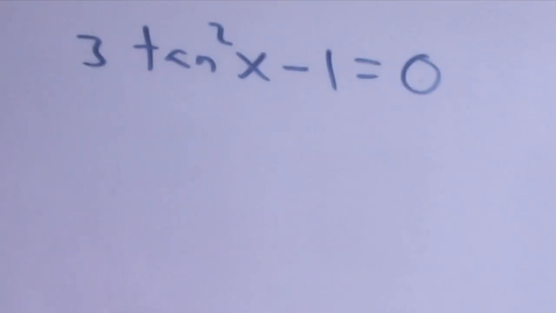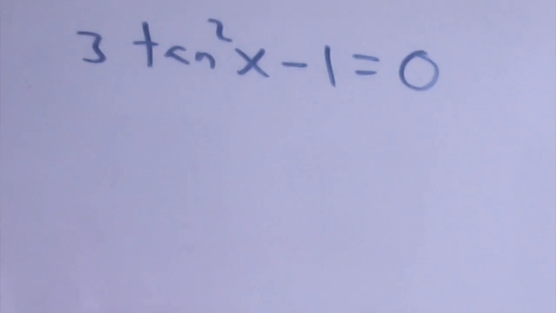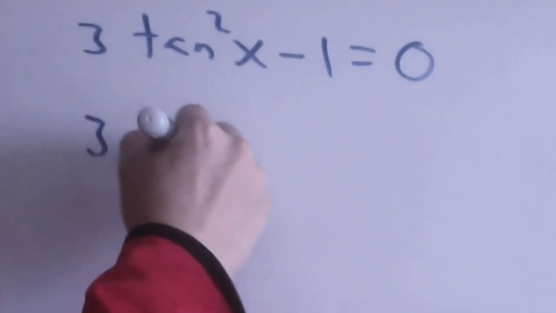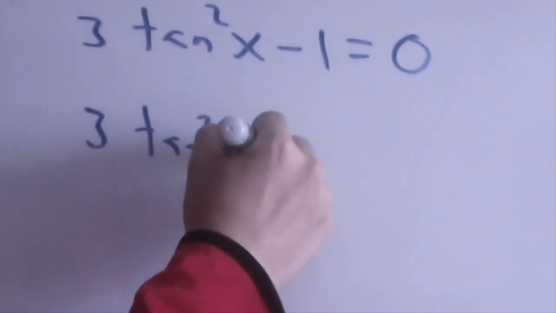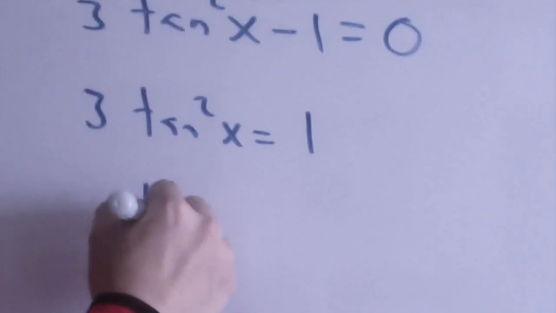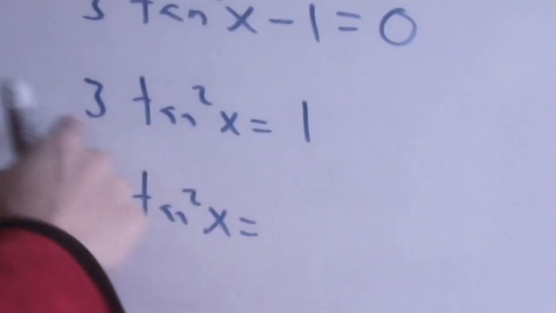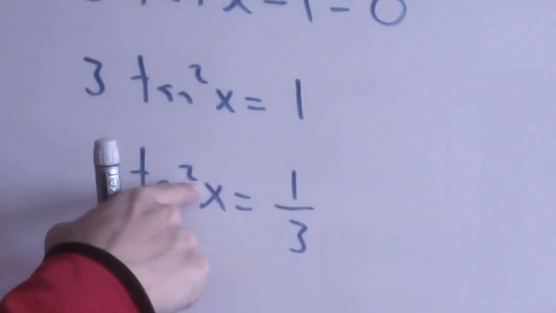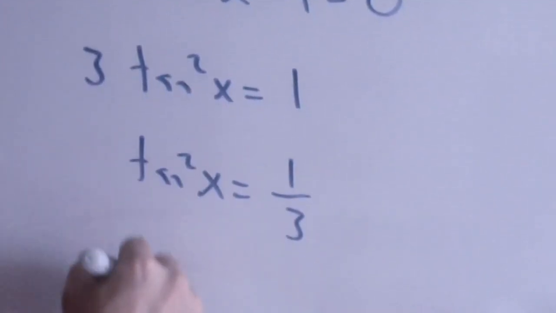Let's solve this one. 3 tangent squared x minus 1 equal to 0. So I'm gonna solve for the tangent. So this is negative, goes positive. This one is multiplying. It goes dividing. Okay, but now I have to the second power. So what does that mean?